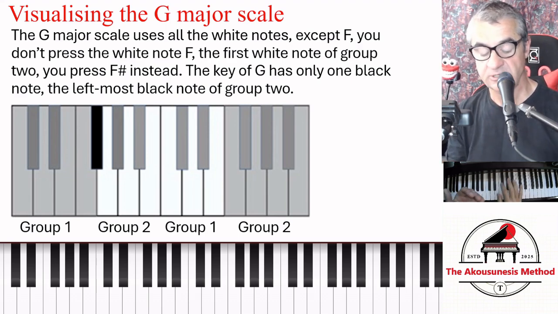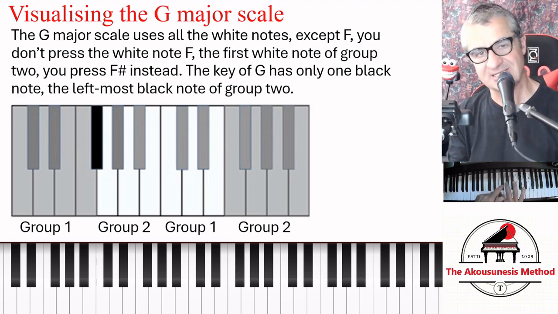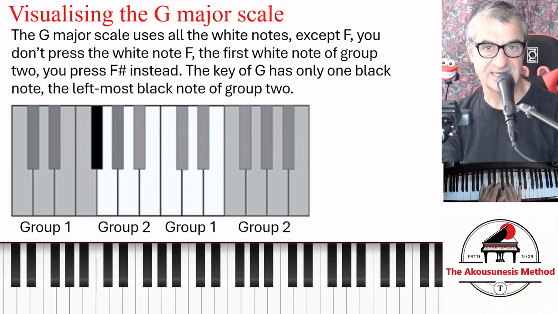So if we're sharpening, we're not pressing the white note on the left, we press F sharp. That's another thing to remember. When we're sharpening, we don't press the left white note, we press the black note.